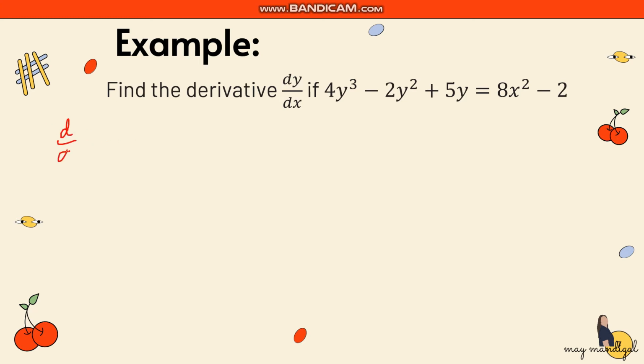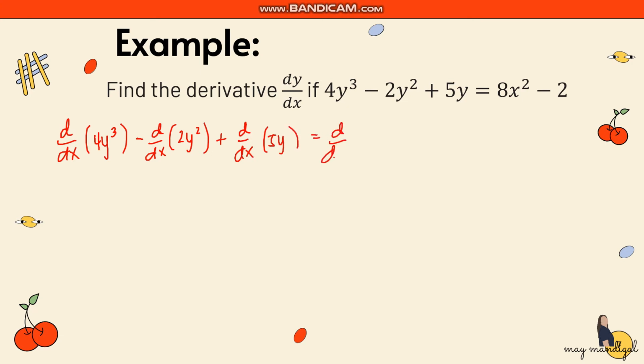So d over dx of 4y cubed. Let's write it first like this, getting the derivatives in terms of x. d over dx 5y equals d over dx of 8x squared minus d over dx of 2.